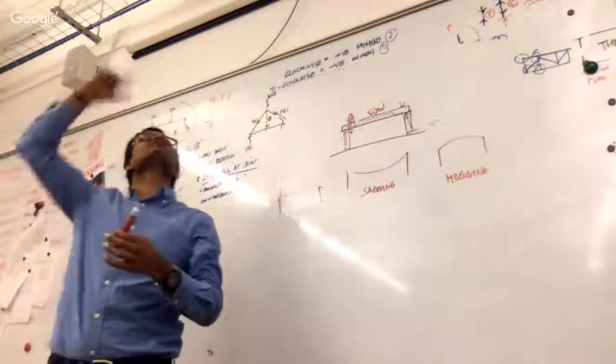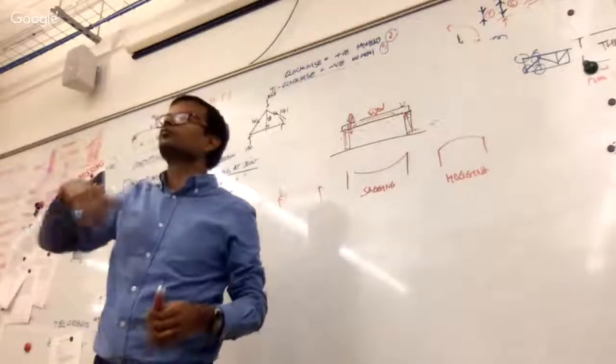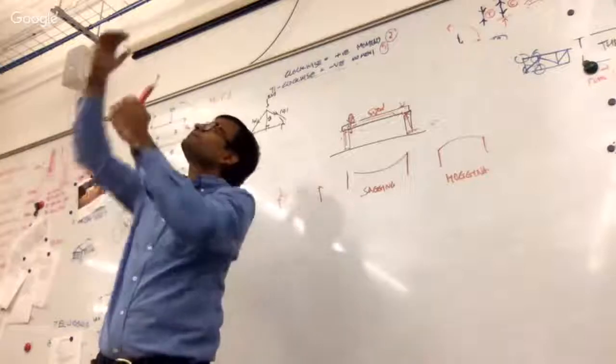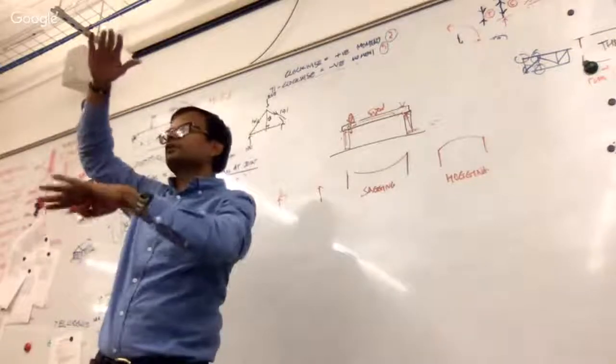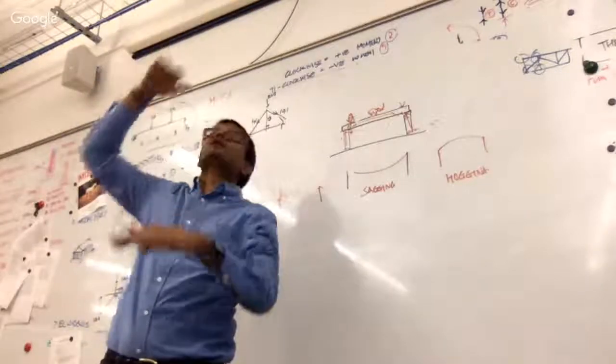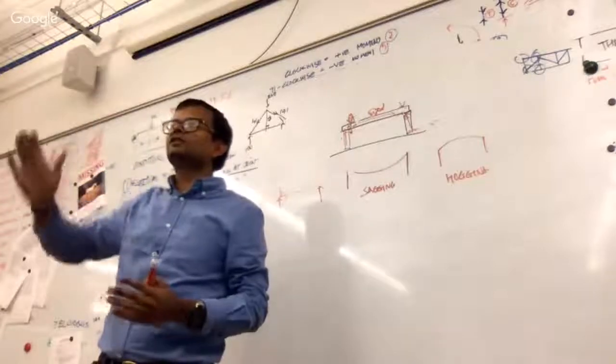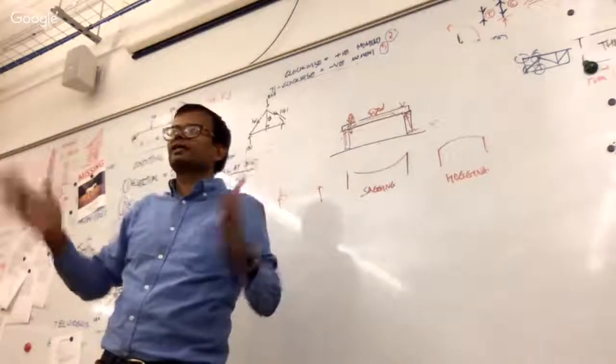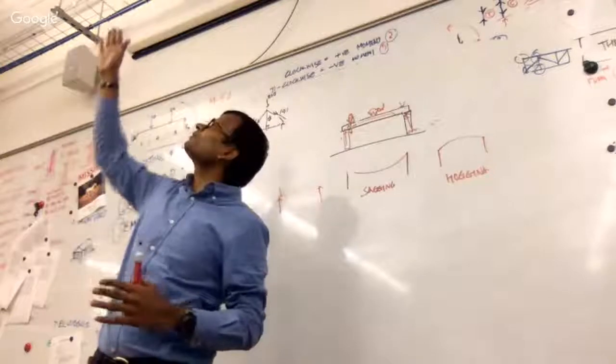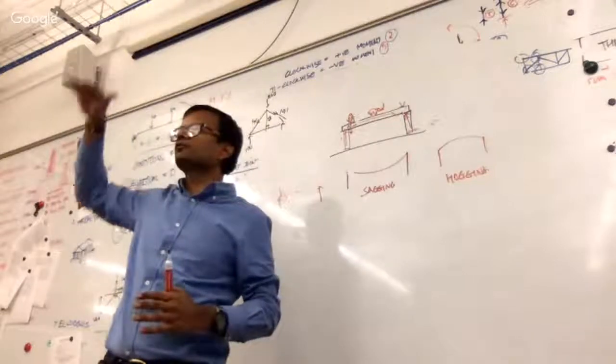The thickness of the beam accounts for both forces. So if this is about 12 inches deep, there's that much shear force that I can take, and that much bending force that I can take.